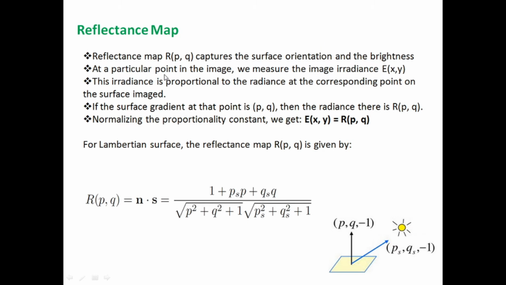At a particular point in the image, we measure the image irradiance. Let us assume it is E of x comma y. It is image irradiance, that is why I have used the notation E. So this irradiance is proportional to the radiance at a corresponding point on the surface imaged.